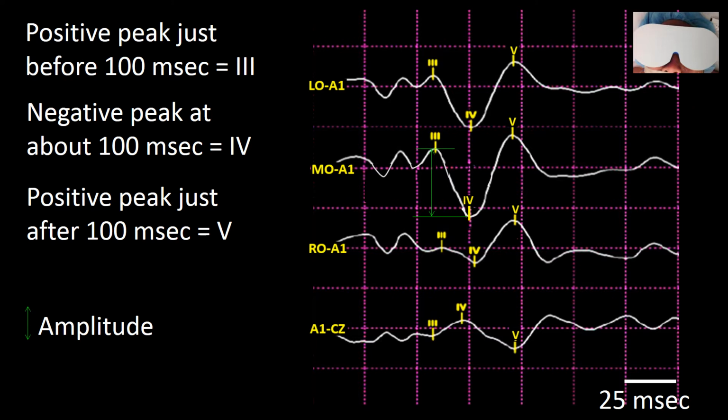In general, we can say that earlier waves are chosen over later waves. Pre-surgical robust waves are chosen over less robust ones, and those that occurred at about 100 milliseconds from the stimulus, regardless of the polarity, are chosen over those waves that occurred later or earlier.